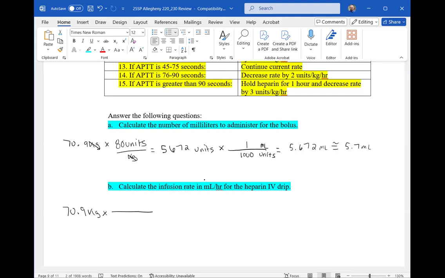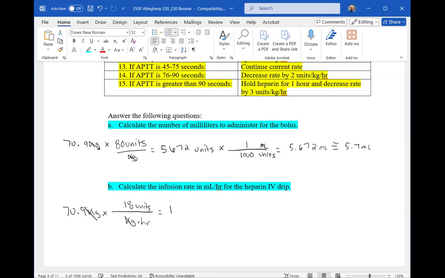So I have 18 units per kilogram per hour. We get rid of kilograms, and after I multiply by 18, I'll be in units per hour. So I'm going to take 70.9 times 18, and I'm going to get 1,276.2 units per hour.